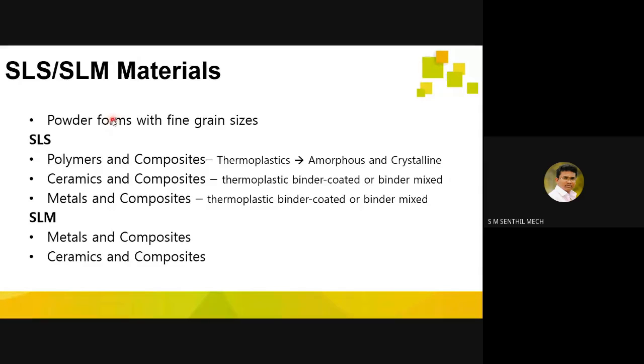Now, selective laser sintering. I already told you the difference between sintering and melting. In sintering, you won't be converting the entire powder into liquid. You only increase the temperature to a sintering temperature, which is normally two-thirds of the melting point of the material used, so that only the boundaries get attached to each other, not the entire powder particles.